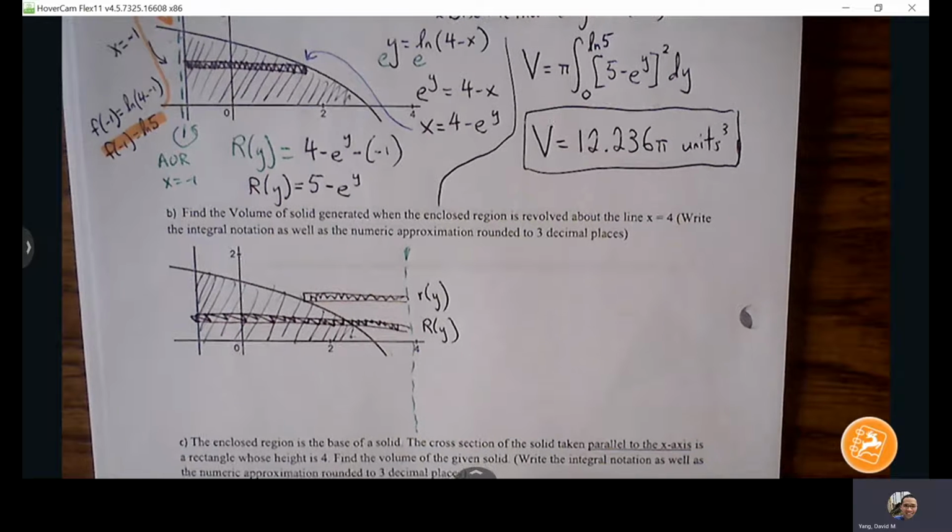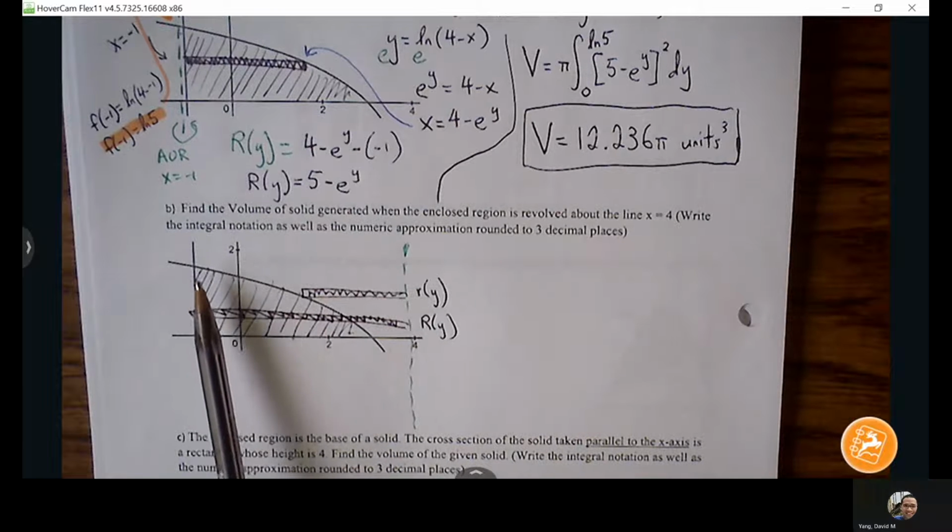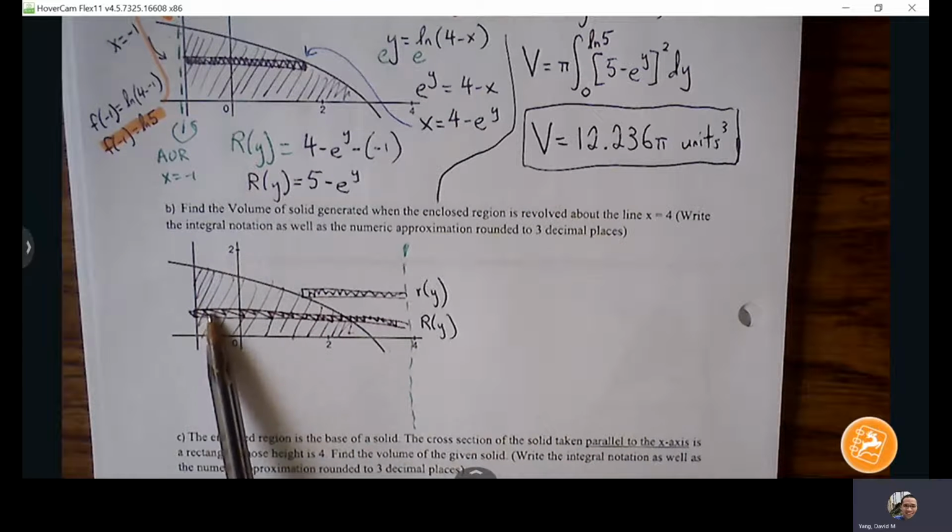Again, I want to keep reminding us that your bounds for your definite integral is just for your shaded region. Okay, don't look at your dotted line. Your axis of revolution does not play a role in determining any part of your bounds.